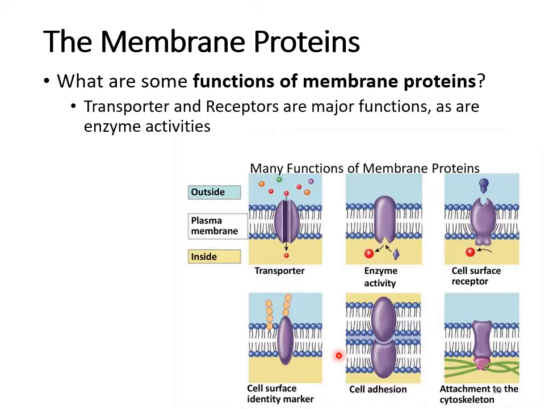The fact that membrane proteins can be surface identity markers and involved in adhesion and attachment. And during the COVID pandemic, cell surface identity marker membrane proteins are significant because of things like that spike protein that you hear about with regard to COVID vaccines, and the antigens of a virus or a bacteria that can get recognized by your antibodies and your immune system.